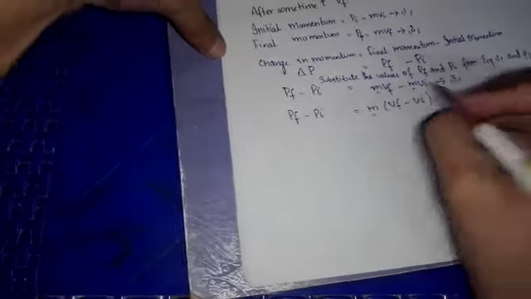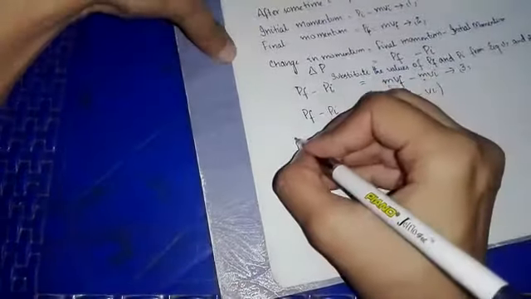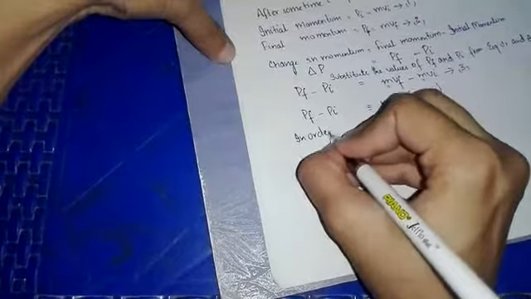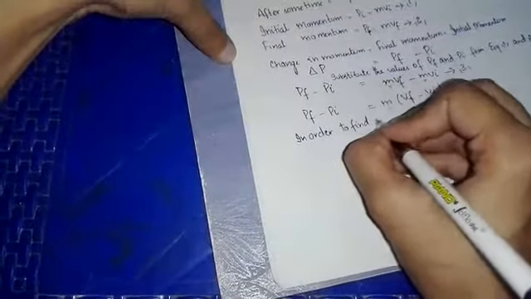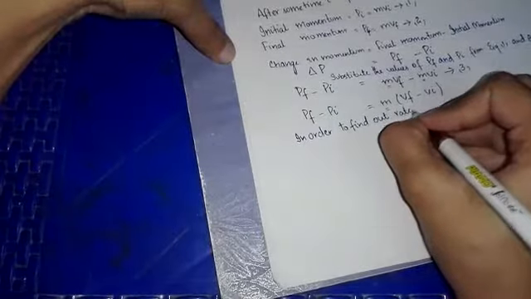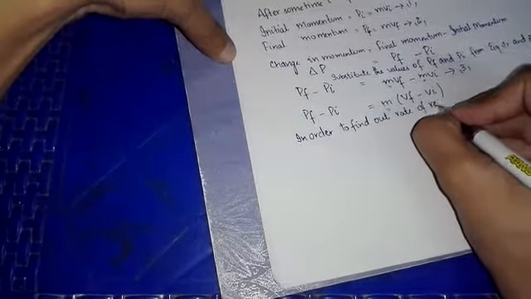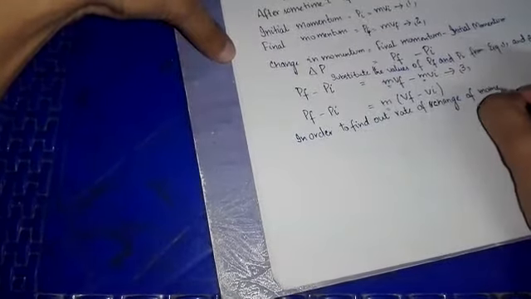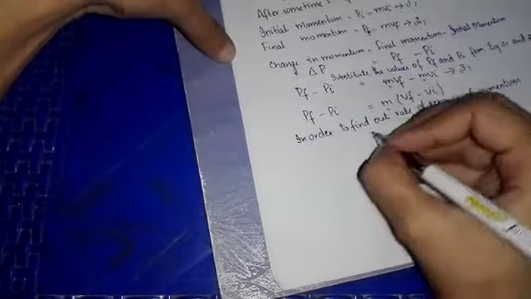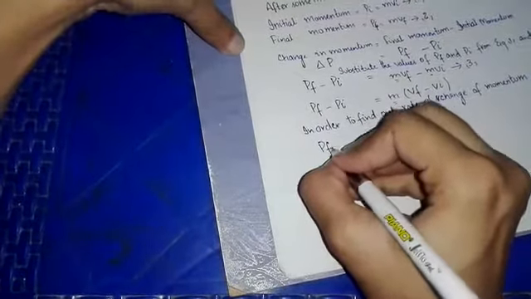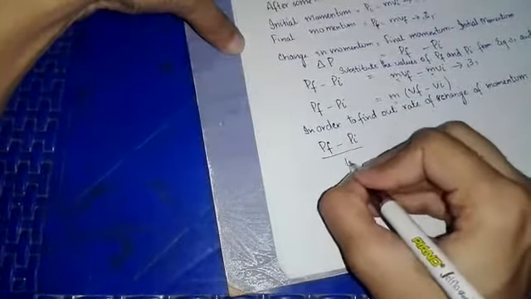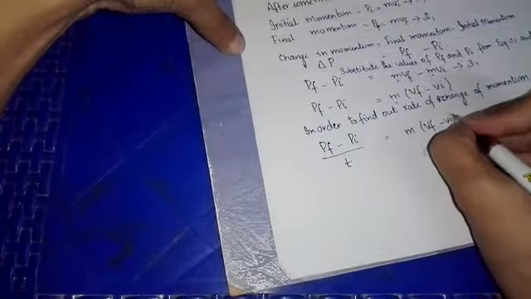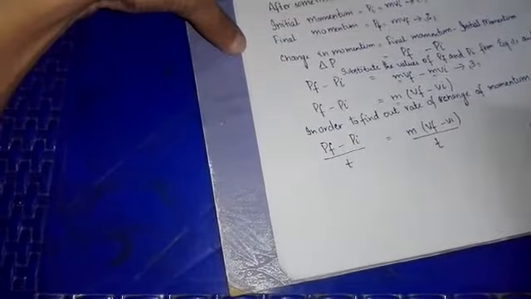Now we want to take the rate of change of momentum. In order to find out the rate of change of momentum, here we have Pf minus Pi divided by T. Here also Vf minus Vi divided by T, right?